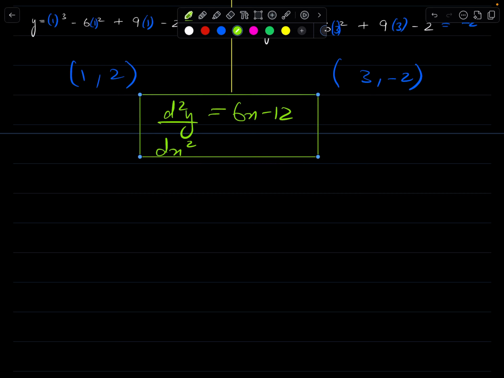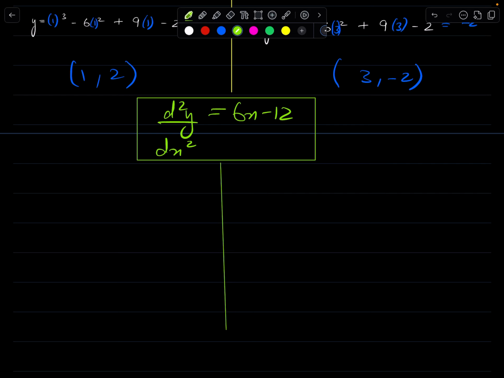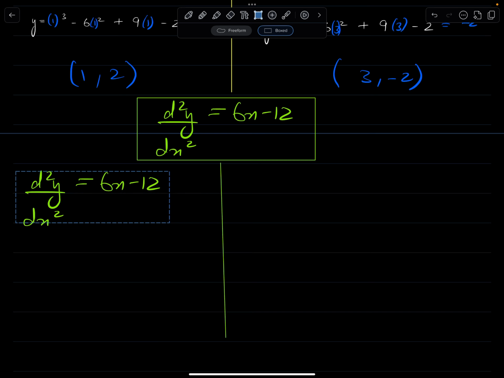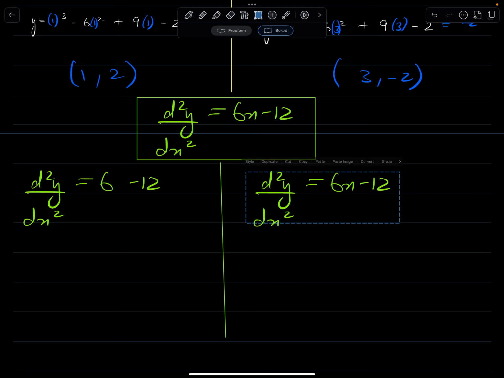We write this in between and continue the margin to avoid confusion with the vertex. Then how about we just copy this and substitute the respective values of x.